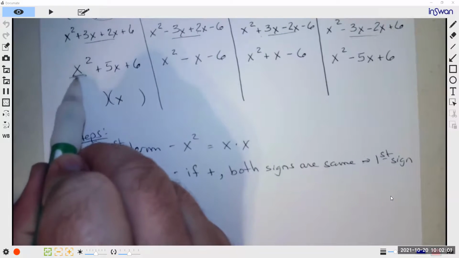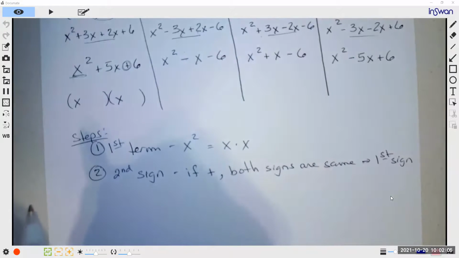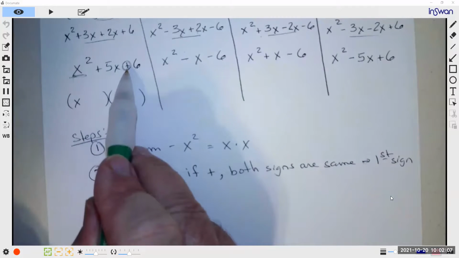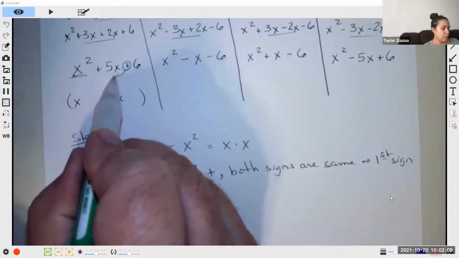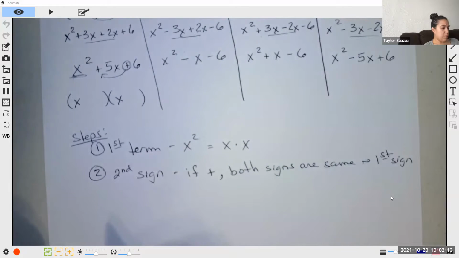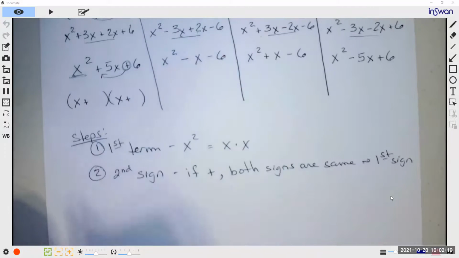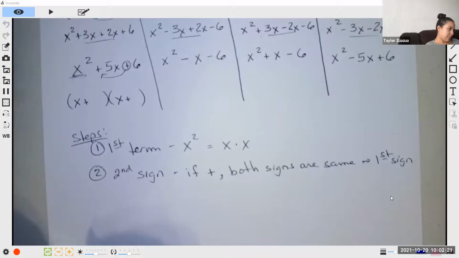So we look at x squared, that's x. Look at the second sign. It's a positive. Since it's positive, we look at the first sign. If positive, both signs are the same as the first sign. Oh, okay. Then in this case, both signs are positive.